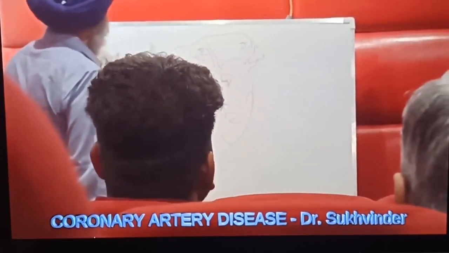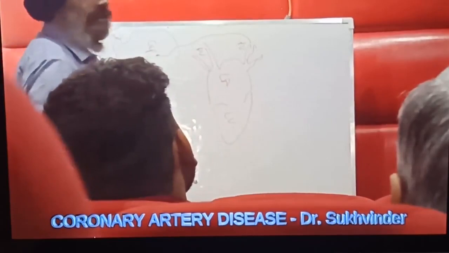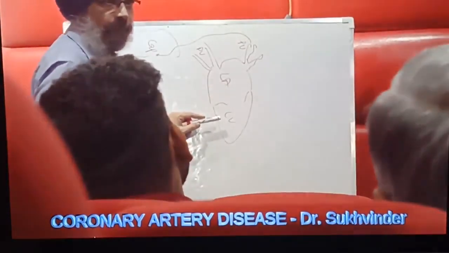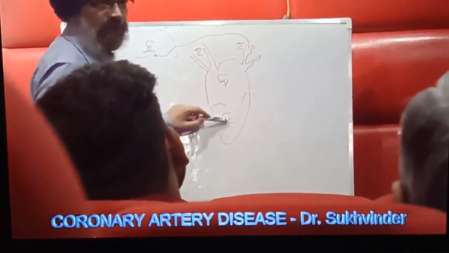Okay, your lungs. So what is happening in diastole is the mitral valve is open. Okay, so LA and LV are in connection with each other.